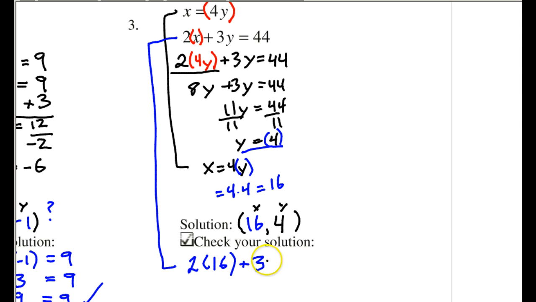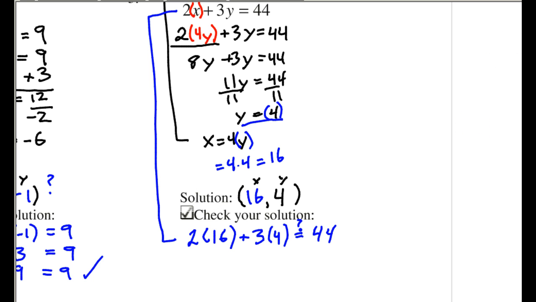Plus 3 times y, 4. Does it equal 44? That's the question. If yes, then we got the right answer. If no, we made a mistake. So 16 times 2 is 32. 3 times 4 is 12. And yes, 44 equals 44. As long as you get a true statement, you're okay.